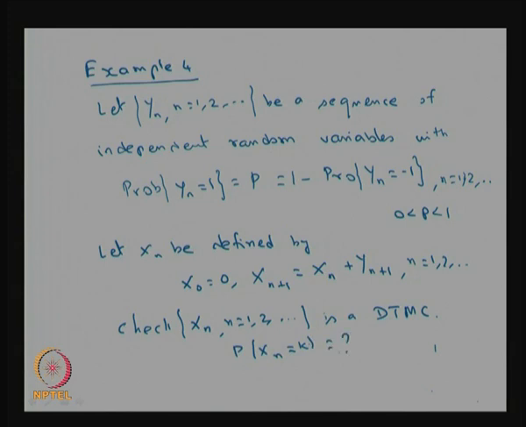We started with one stochastic process and we define another stochastic process with the earlier stochastic process, and check whether the new stochastic process is a discrete time Markov chain, that is, a time homogeneous discrete time Markov chain. If so, then what is the probability of X n takes a value k? That is nothing but find out the distribution of X n.